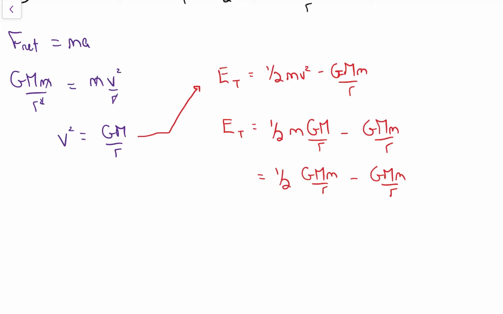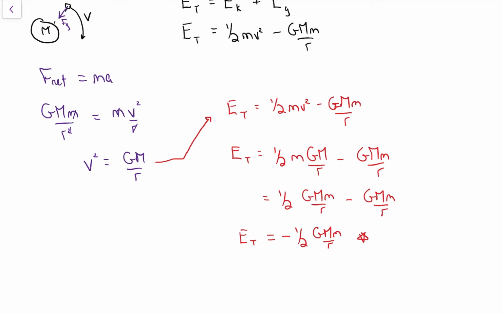We've got kind of a common denominator thing going on. We've got 1/2 of a GMm over r, and from that we're subtracting a full GMm over r. That means we're going to get negative 1/2 GMm over r.